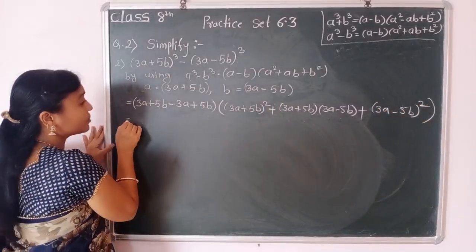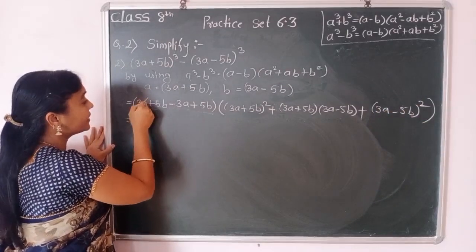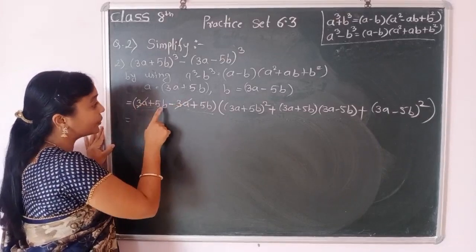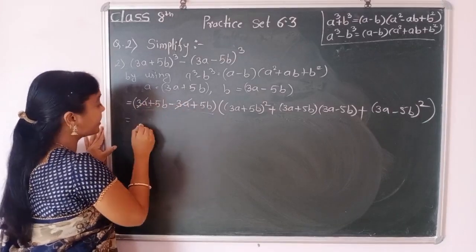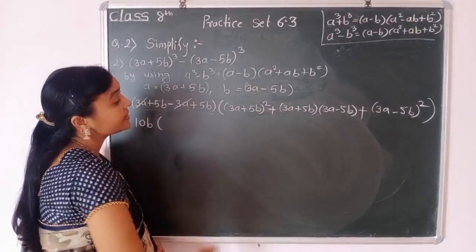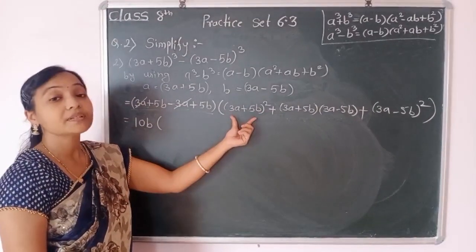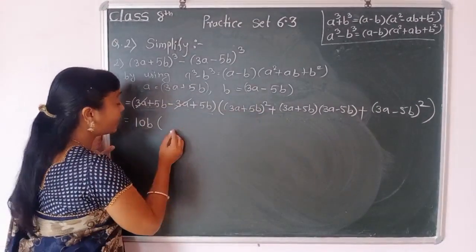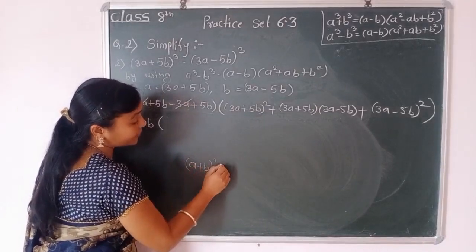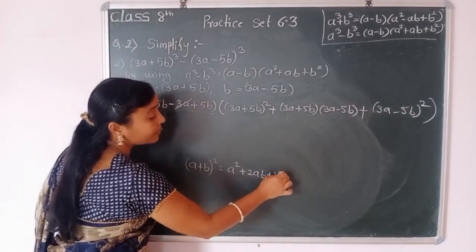Now we solve this bracket first. 3a minus 3a cancel, plus minus, and we get 5 plus 5, 10b. Another bracket 3a plus 5b bracket square. By using here the a plus b bracket square formula. So what is the formula of a plus b bracket square? a square plus twice ab plus b square.